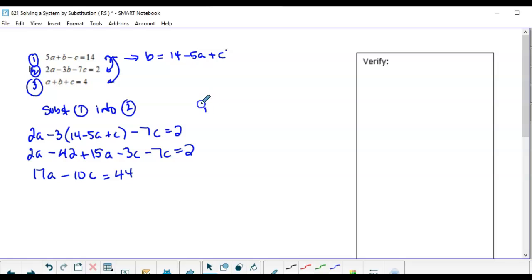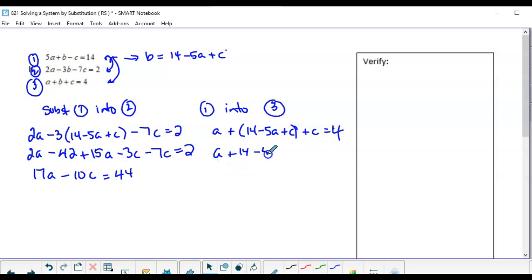Then I'm going to take the same original equation and put it into the other one. So then I'm going to have a plus (14 minus 5a plus c) equals 4. It's going to be negative 4a plus 2c equals negative 10.